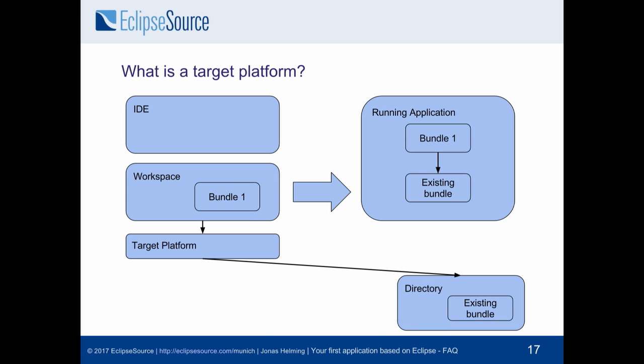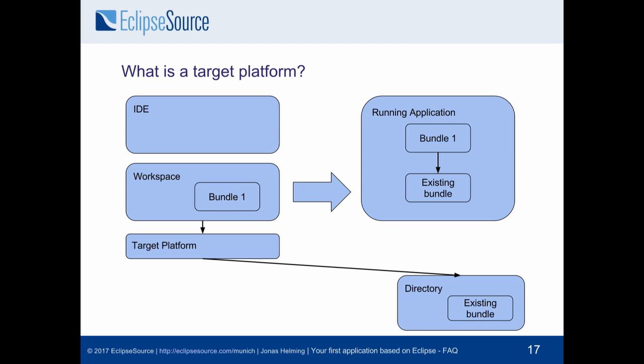Now, there is some confusion because if you download Eclipse the first time and you just create a new bundle and get started with your work, you can start this bundle without even setting up any target platform. And that's also the reason why many projects never actually set up a target platform. If you would set up a target platform, that would actually mean that you go to eclipse.org, you select the frameworks that you want to use in your product, you put them in a directory, and then you depend on them.